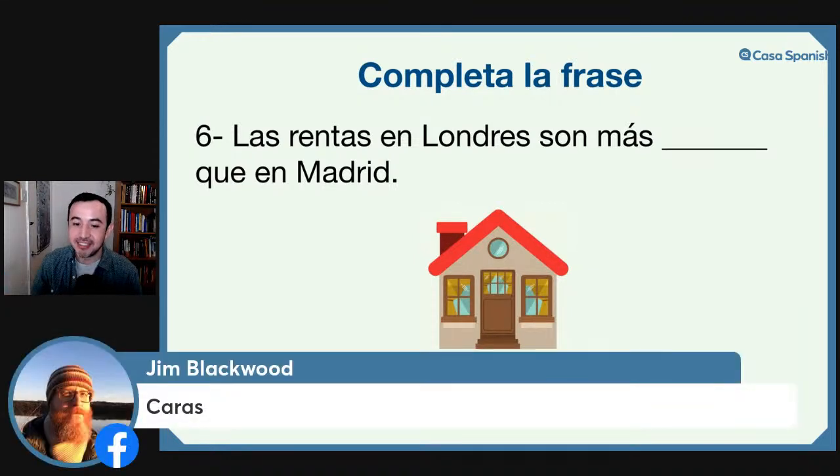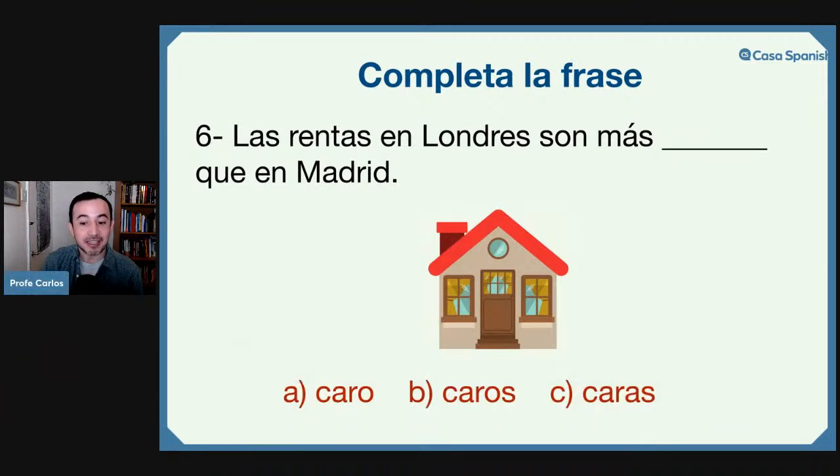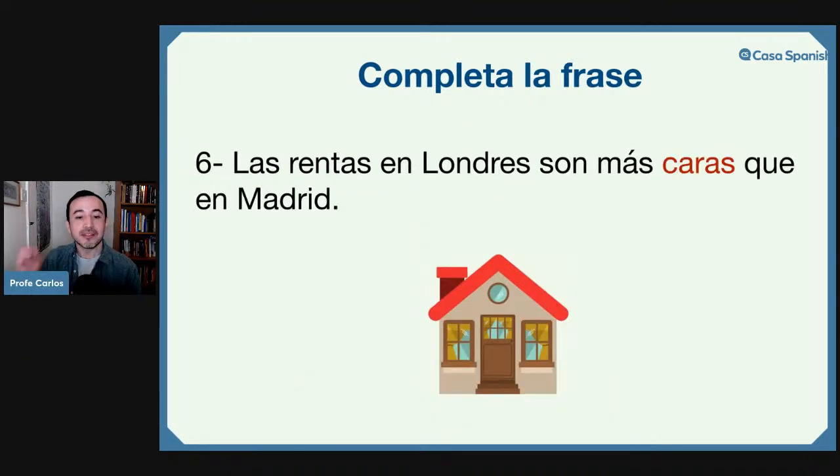And that is our answer. Muy bien, Jim. Caras. Tom, excelente. Son más caras. That is our answer, guys. Las rentas en Londres son más caras que en Madrid. No hay problema. Continuamos.